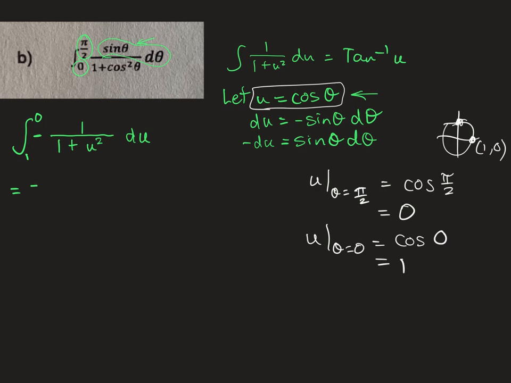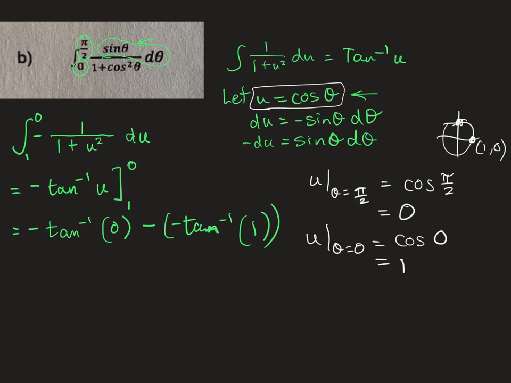And then we've got to keep that negative that's in front. So we have negative inverse tan of u evaluated from 1 to 0. And then we're going to sub in those limits, always the top one first. So negative tan inverse of 0 minus negative, so that'll become positive, tan inverse of 1.